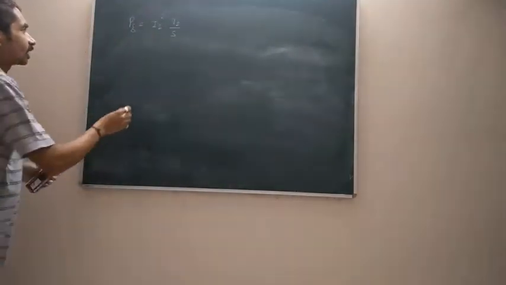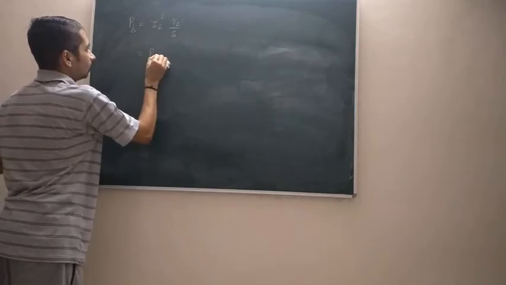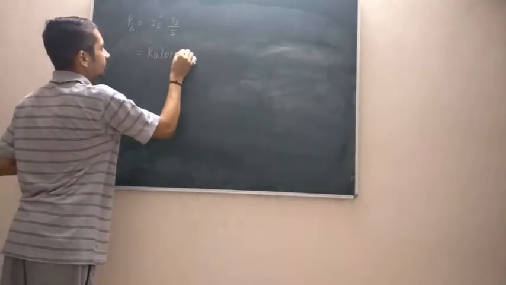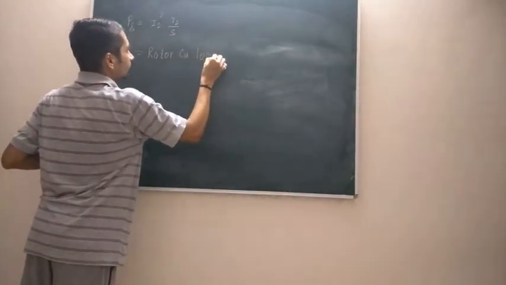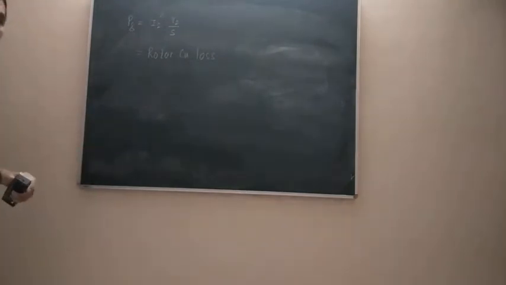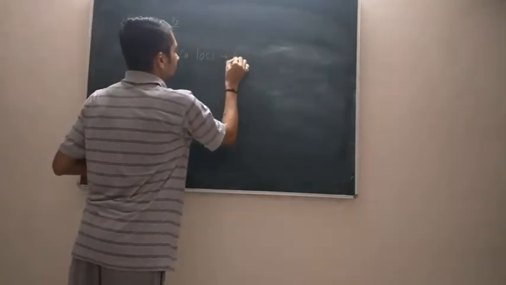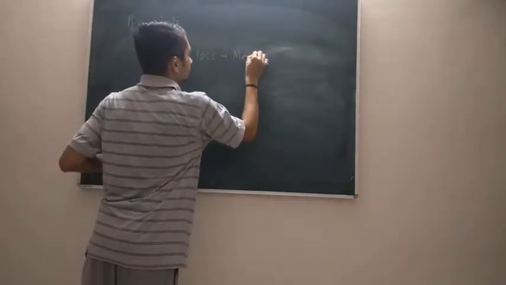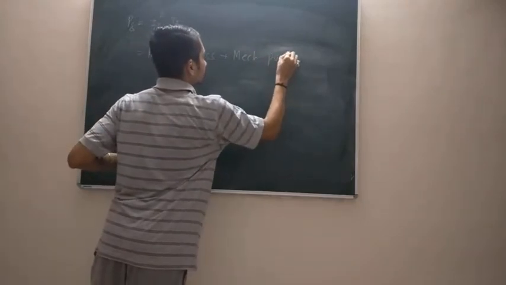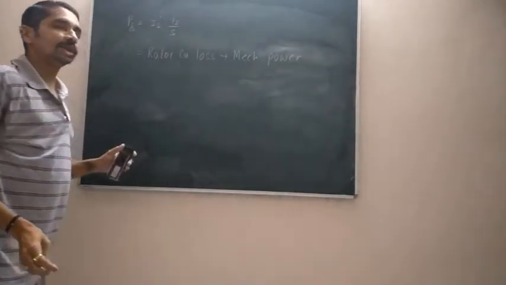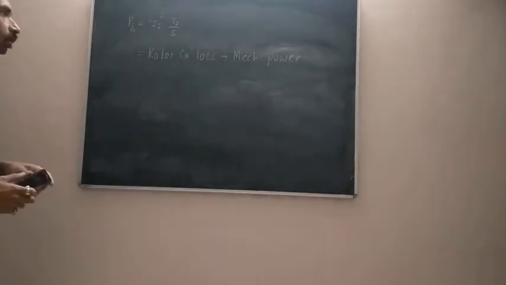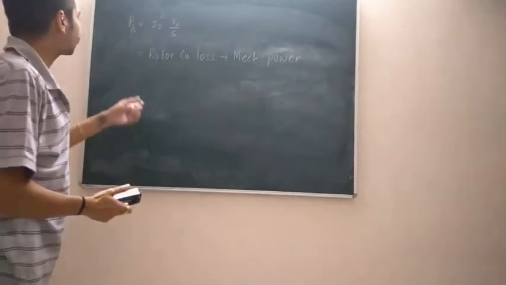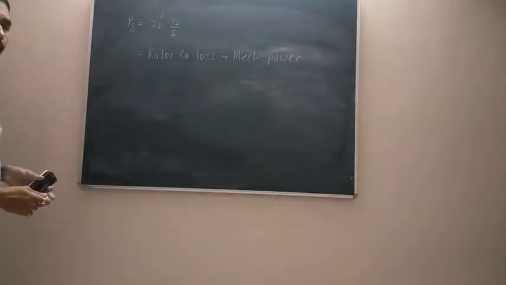Now how is this air gap power utilized? It is utilized to meet the rotor copper loss and the mechanical power. So my next aim is to express the rotor copper loss and the mechanical power in terms of this air gap power.